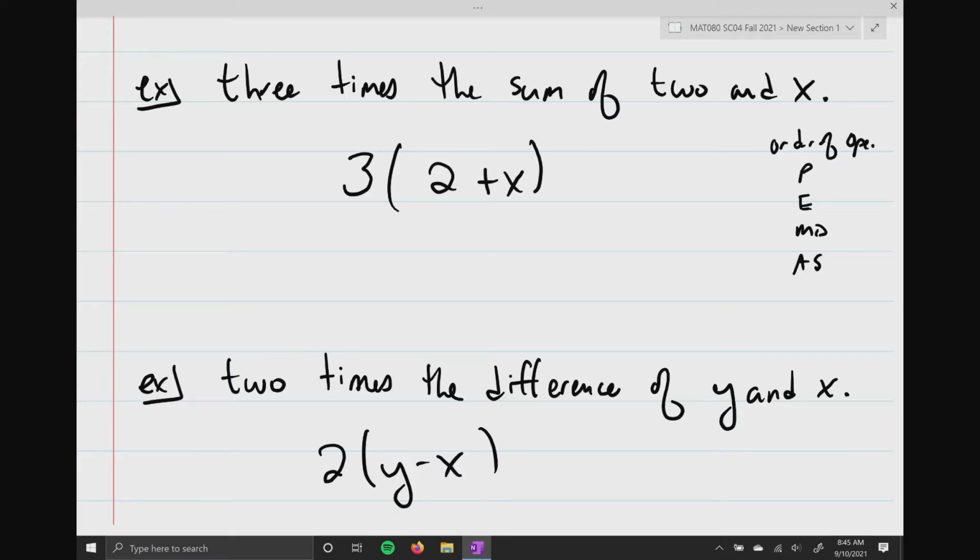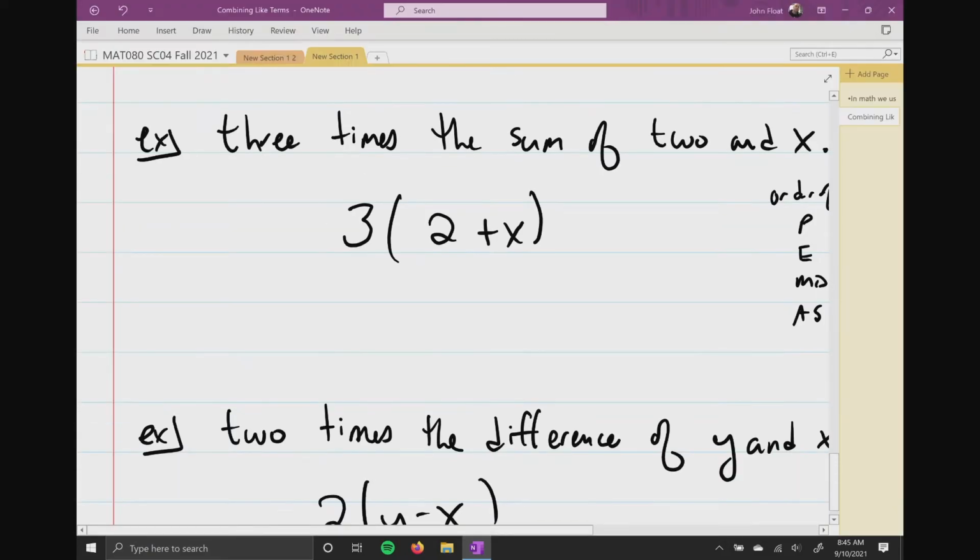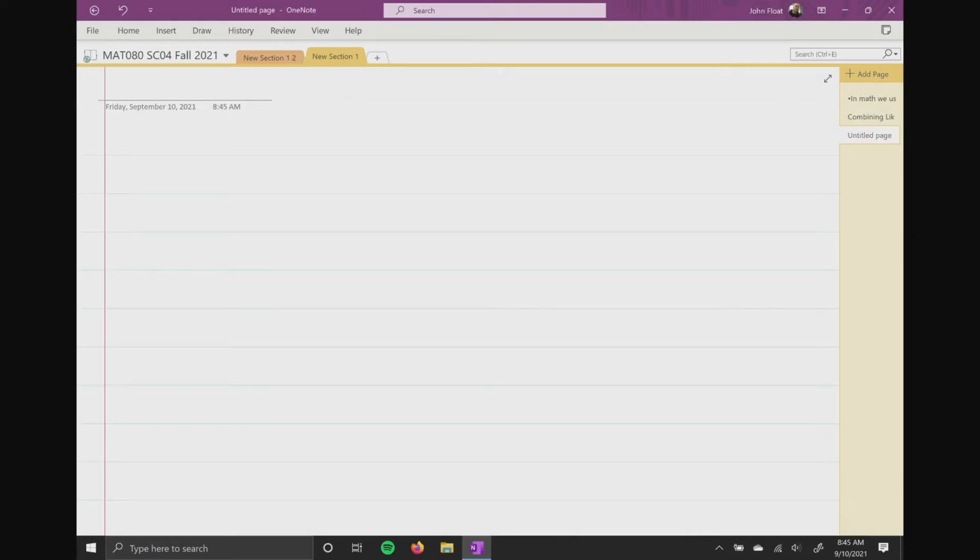Got it? All right. So let's move on to the next section. We're done with this one. All right. And this last section deals with properties of equality.